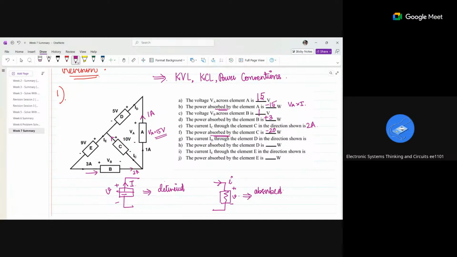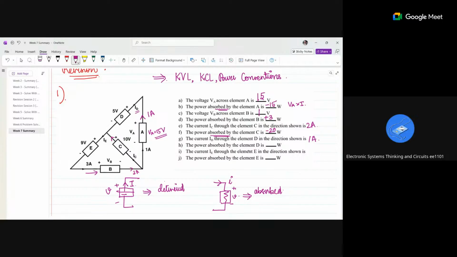Then what is ID? The current across the D, the current ID. 1 ampere is going through it. It's simple, right? 1 ampere.